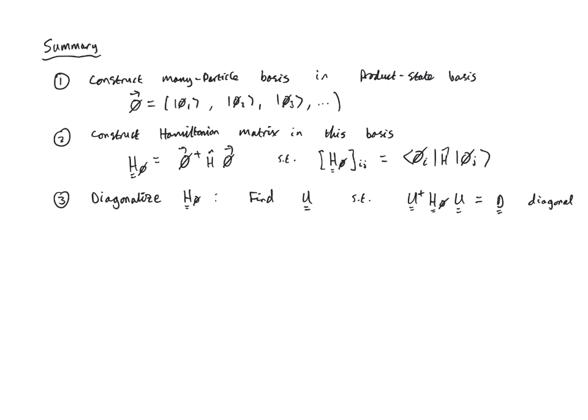And the solution of our Schrodinger equation, therefore, is that we have eigenstates psi i, which are linear combinations of our basis states, superpositions of our basis states, where these u_ij's are exactly the elements of our transformation matrix U. So these are really expansion coefficients of our eigenstates in the original basis, with associated eigenenergies E_i, which are the diagonal entries of our matrix D. And that's it.